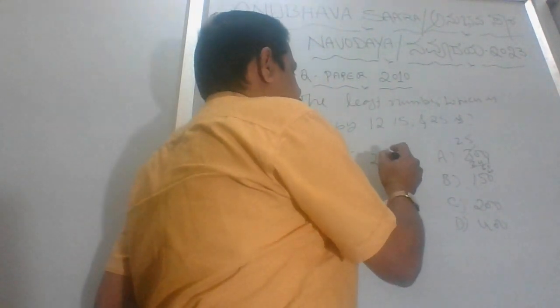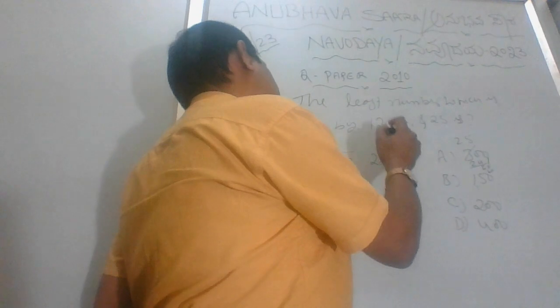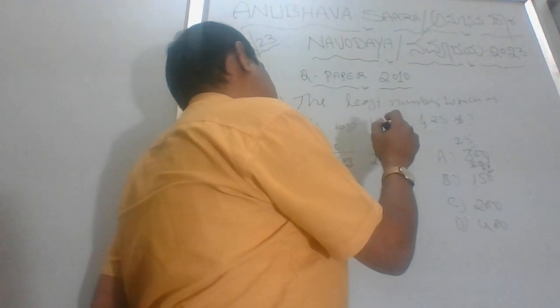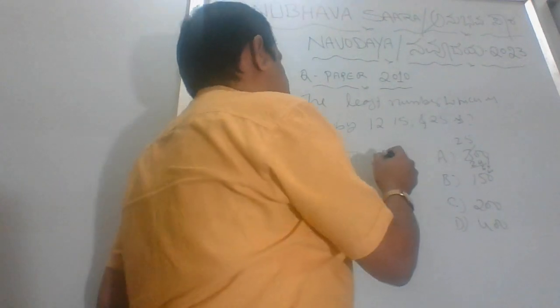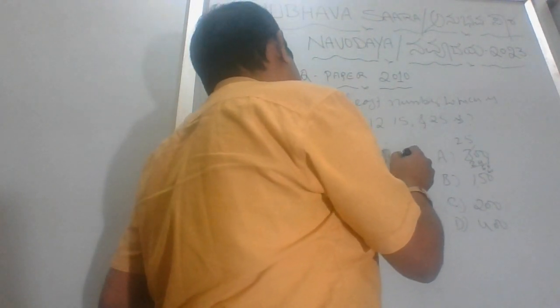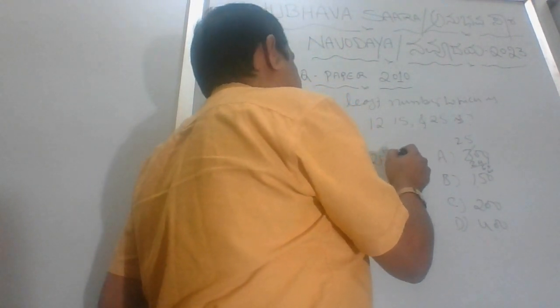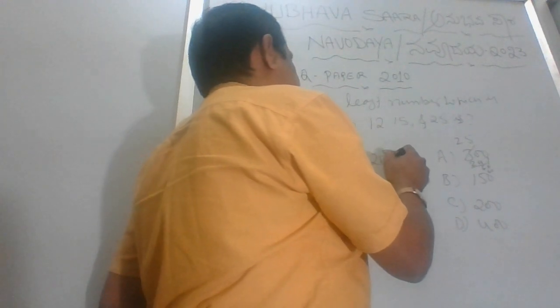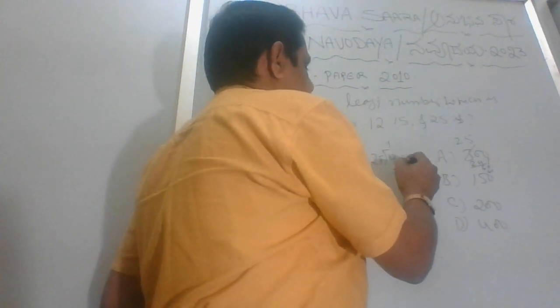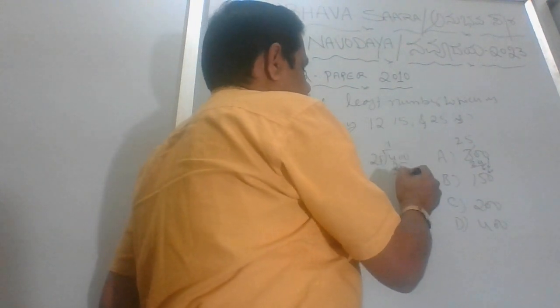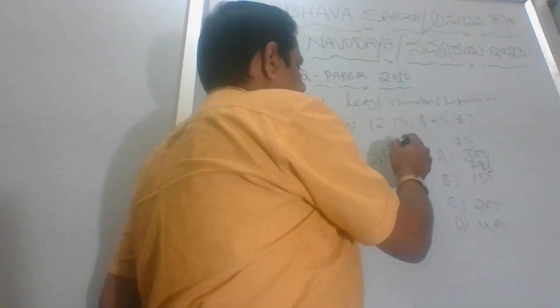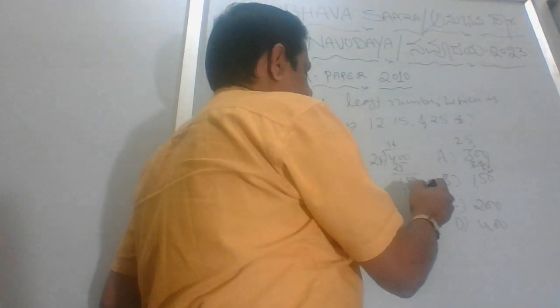Here 25, 8s are 200. 25 ones are 25, and 150.